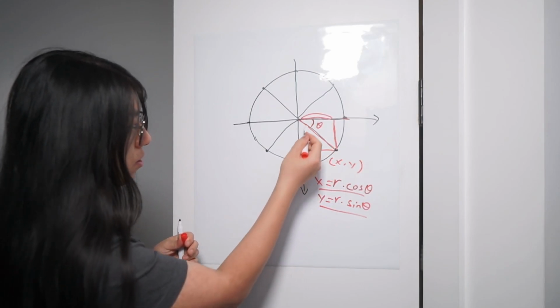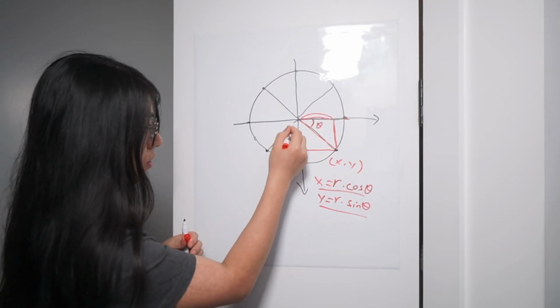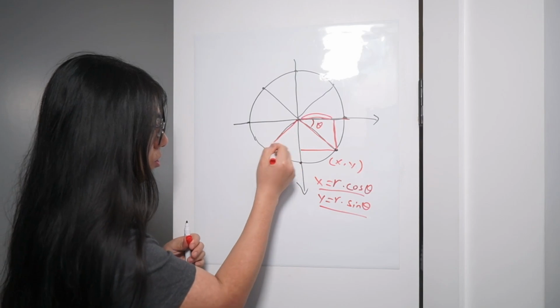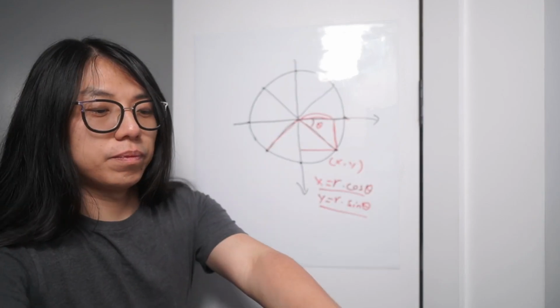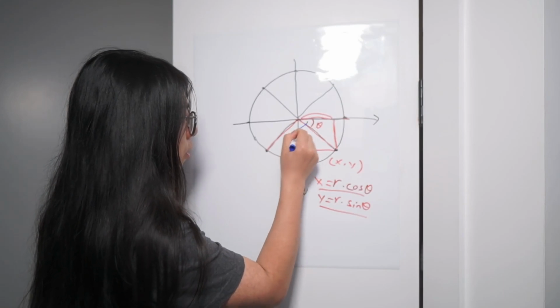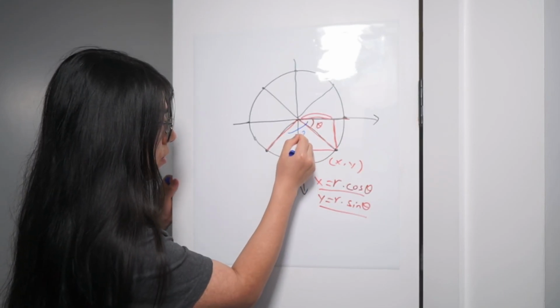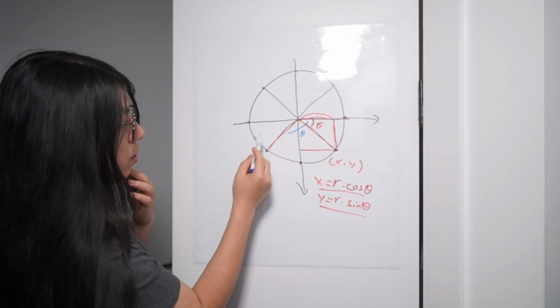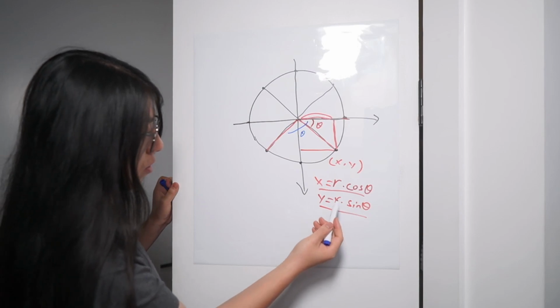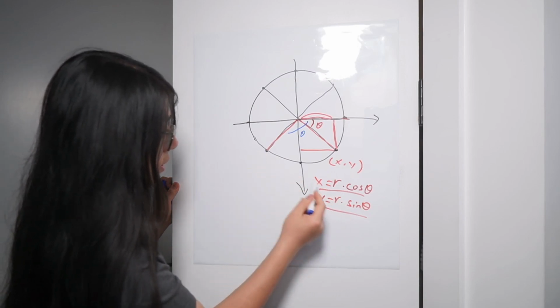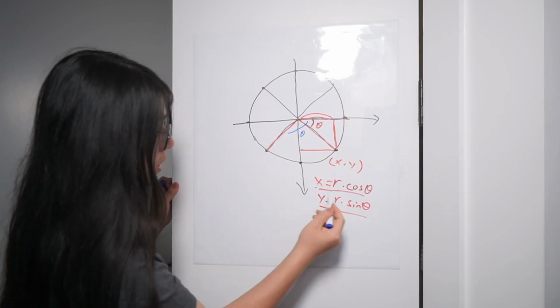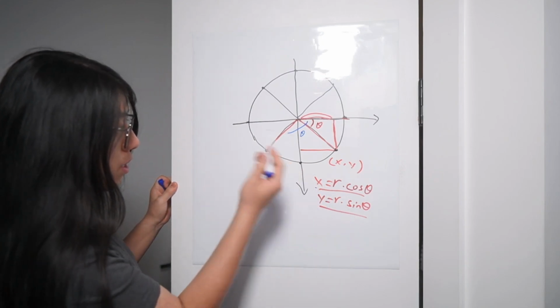And if you think about it, as the angle increases, let's say the angle increased to this point. Maybe I should use a different color. Once the angle increases to this theta, and then if we apply the same formula, the x is going to be cosine of this angle, that is going to become negative.